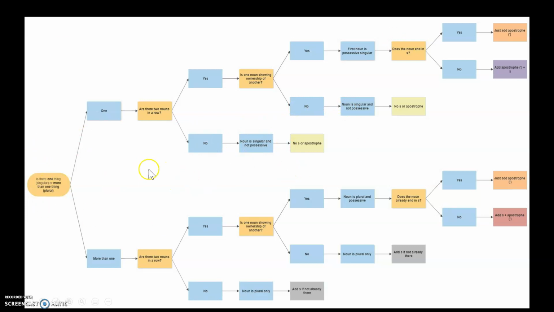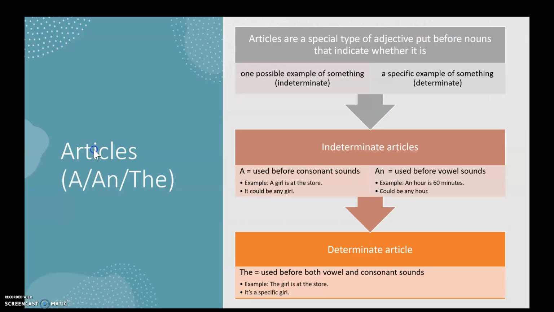I'm not going to go through the whole thing, but you can use this to determine whether or not you need just an S, apostrophe S, just an apostrophe, no changes at all. It goes through all of the situations in a noun ending in S, where you might have plurality or possession that needs to be indicated. So you can reference this during proofreading if you need to.